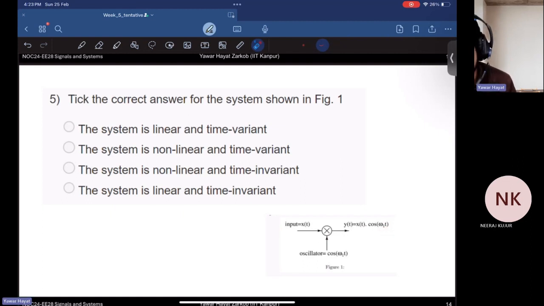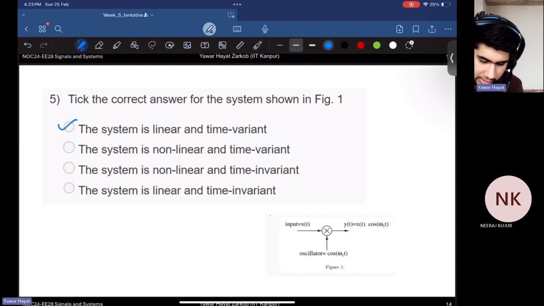X of t was your input, right? Since we have this time dependent part, would this be time invariant or time variant? Is it varying with time? It will vary with time. So it is time variant, right? So option A should be correct, right?